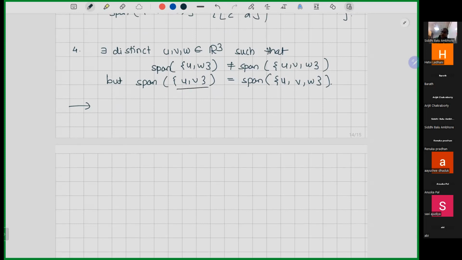If we choose U, V, W to be the usual basis, then the span of U and V will be a, b, 0, and the span of U, V, W will be a, b, c. And this span is not equal. So we want to choose our U, V, Ws smartly here, because we want the span of U and W not to be equal to span of U, V, W, but span of U and V must be equal to span of U, V, W. Any guesses?